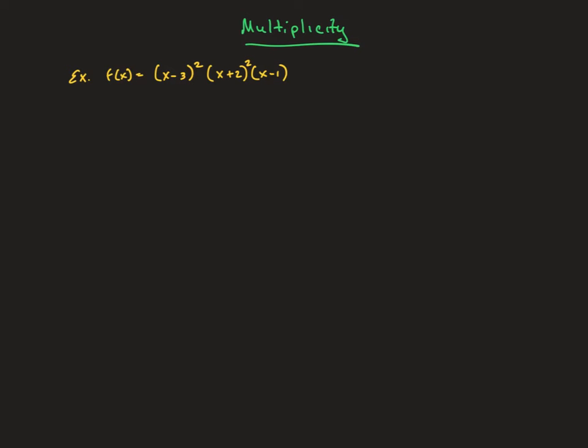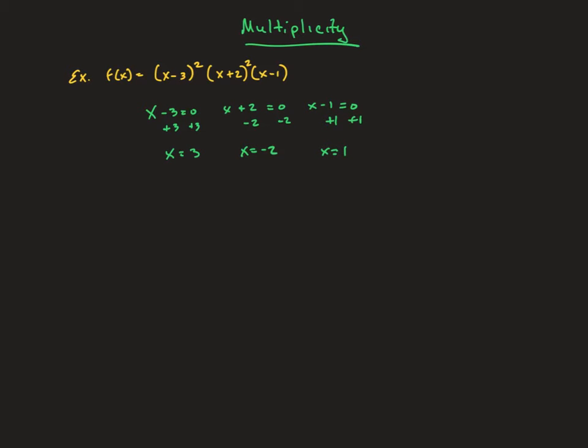When we use our zero product property, we have x minus 3 equals 0, x plus 2 equals 0, and x minus 1 equals 0. Using inverse operations, x is equal to 3, x is equal to negative 2, and x is equal to 1.